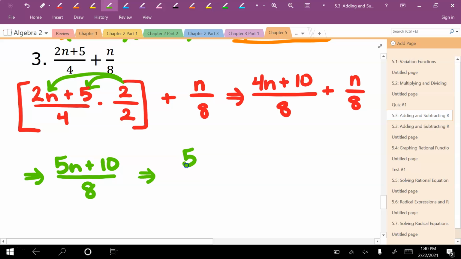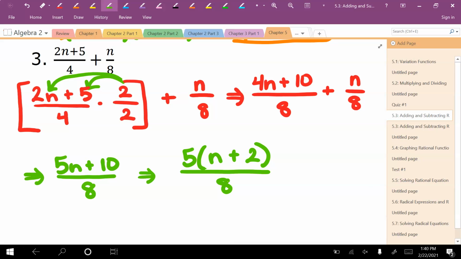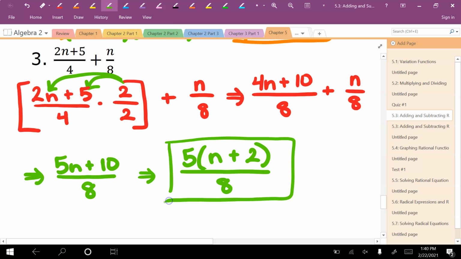What would be left? Okay, n plus 2 over 8. Now, I'm kind of stuck here that I can't reduce the 5 and the 8. I can't get n plus 2 to cancel out with anything. So there's really nothing else I can do there except box it up and call it my answer.